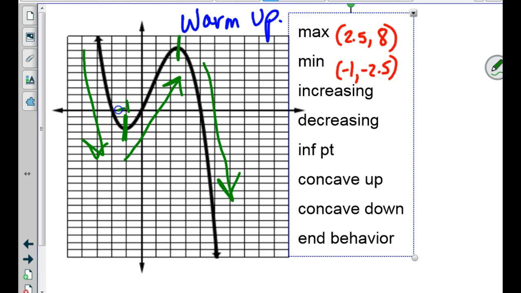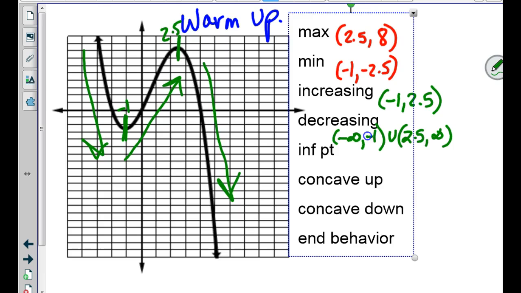So this is -1 and this is +2.5 for x's. So from -1 to 2.5, it was increasing. And decreasing? From 2.5 to infinity on the right, and to -1 over here.